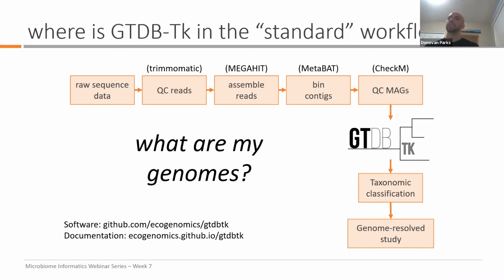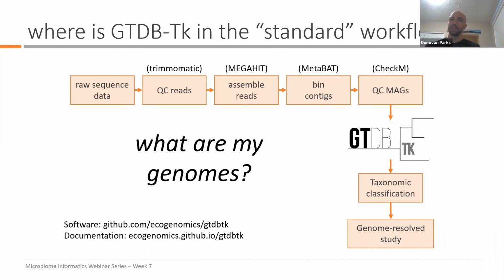This is where GTB-TK fits in: it answers the question, what are my genomes? You want to get some taxonomic classification for those genomes, and that is precisely what GTB-TK does. And then you can, of course, go on and do your genome study.